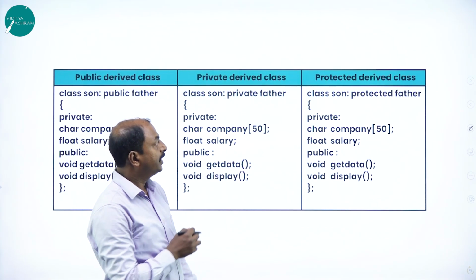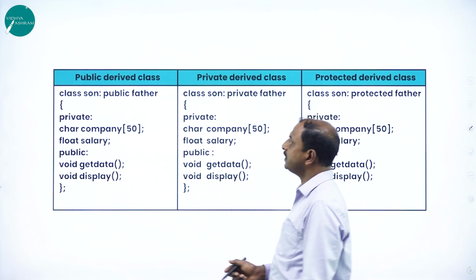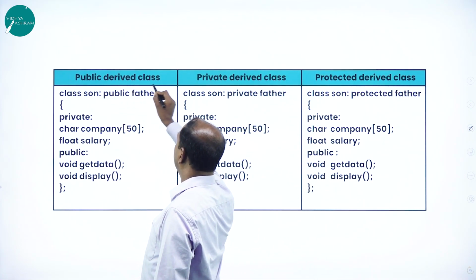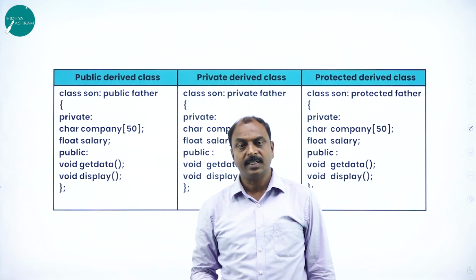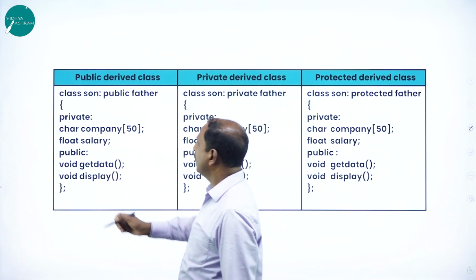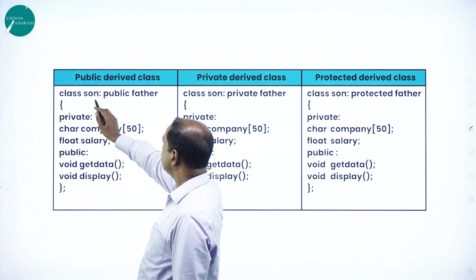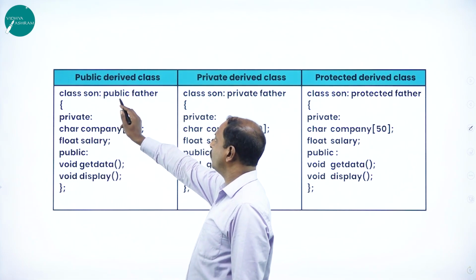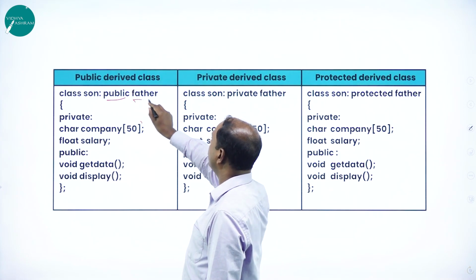Now let us see how to derive the classes. First, this is a public derived class. Suppose I want to derive the class with public visibility mode. As per the syntax: class, the reserved word, the class name, then the visibility mode, and then the name of the base class.